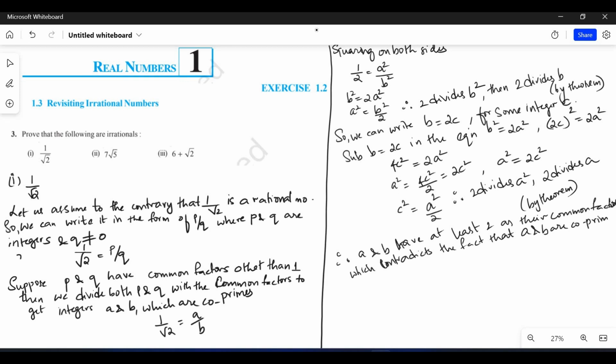Co-primes means they should only have one common factor, that is 1. So this contradiction has arisen due to our incorrect assumption that 1 by root 2 is rational number.